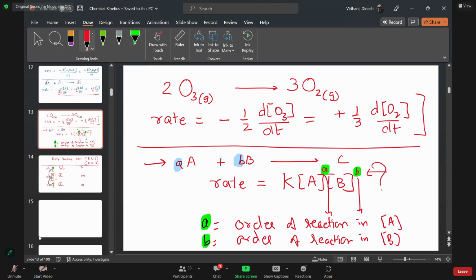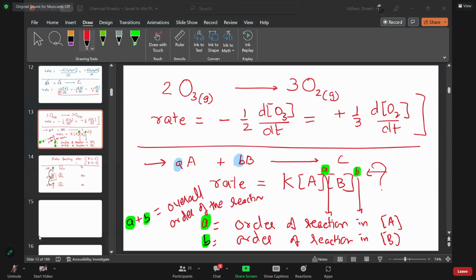They are different. And then a plus b will give you the overall order of the reaction. Now, how do we find this overall order or order of reaction in A and B? Let's look at one example.